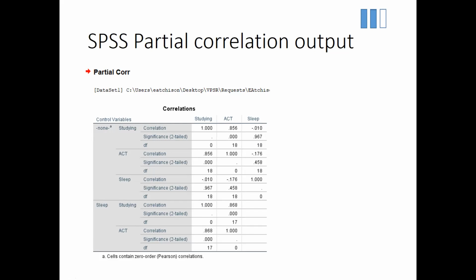Look at that. When we control for sleep, because of the way that sleep interacts with the amount that we study and our ACT score, it allows us to account for a little bit more of that variation. You might be asking yourself, why is sleep a negative correlation with ACT and studying?